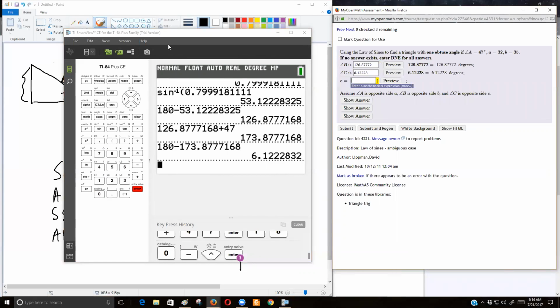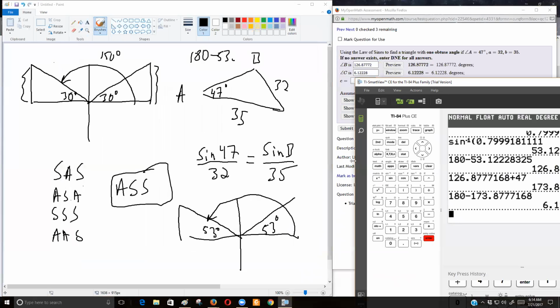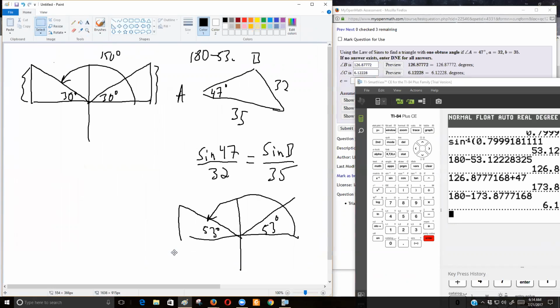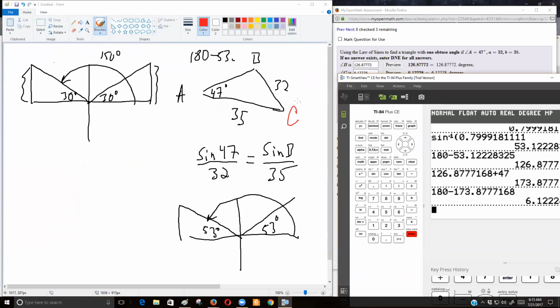Then we're going to find that missing side, side C, and it's not a right triangle. Some people will try to do that, so we have to use the law of sines to finish. Now, since I know angle C is 6.1, I'm just going to write down 6.1 on my drawing, but I'm going to actually use the full value.